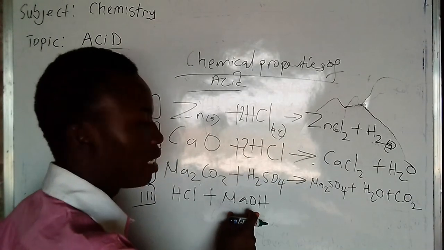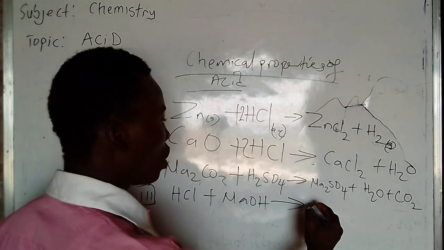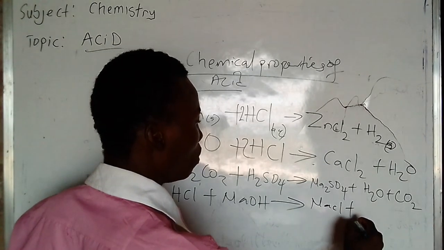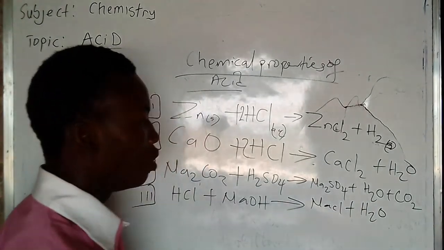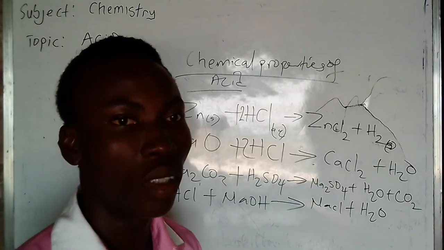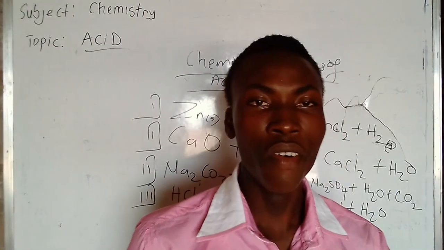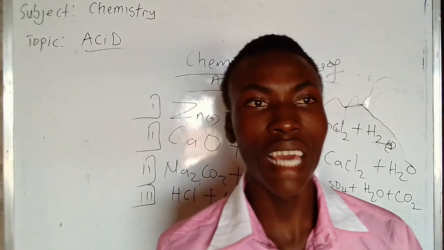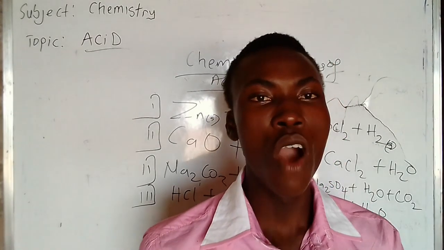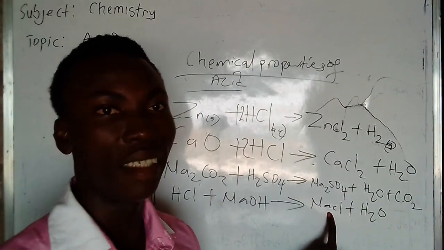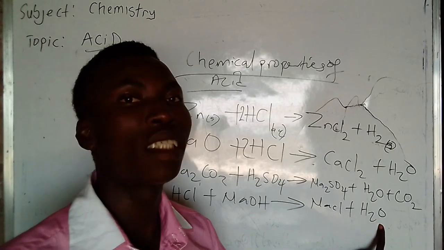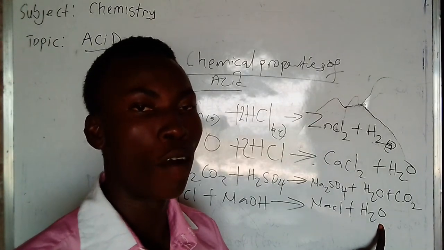This is alkali. When they react together, they produce NaCl plus H2O. What is this? It's a neutralization reaction. What is a neutralization reaction? A reaction between acid and base to produce salt and water only. You can see this is salt, NaCl, a common salt, and water is being produced from here.